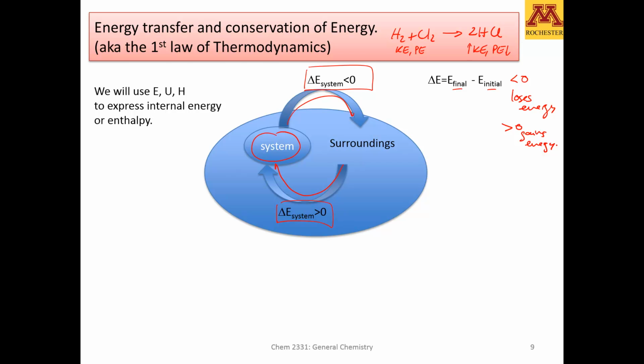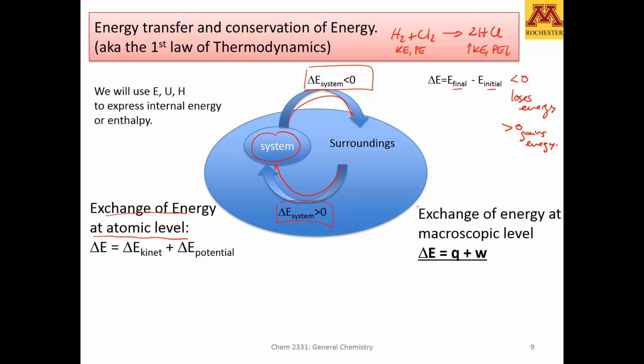So this could of course be explained in terms of the atomic level. Where did the system get energy? Well, maybe the surroundings provided kinetic or potential energy. But the most common formulation of this principle is in the macroscopic form, and this, ladies and gentlemen, is the first law of thermodynamics, which says that the change of energy of a system can be positive or negative, and it can be because of either heat or work.